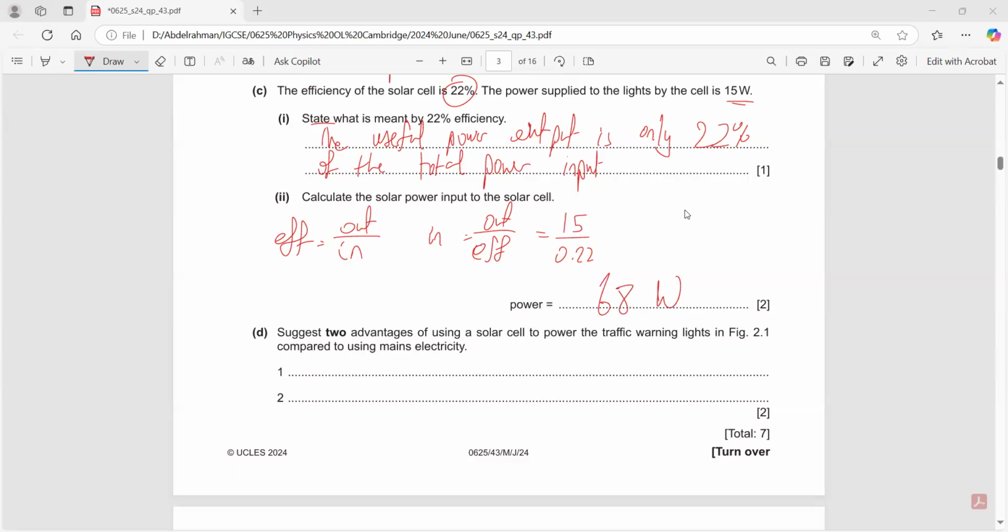It is not affected by the power cuts, for example. You can have the lights in very remote areas.